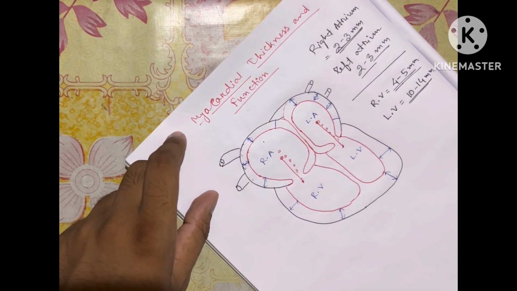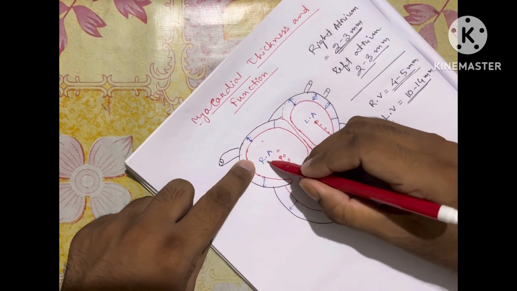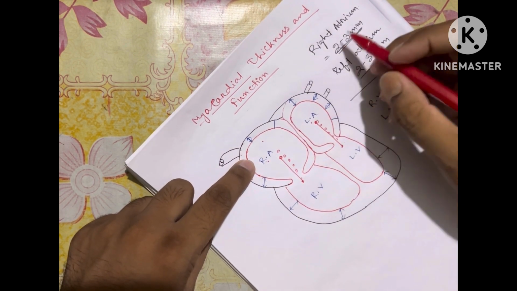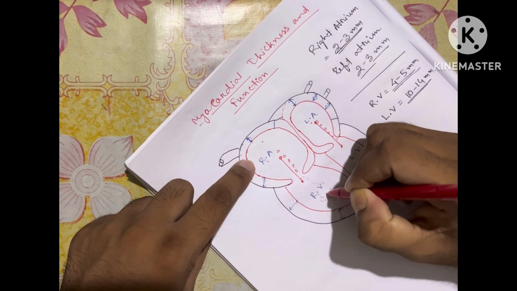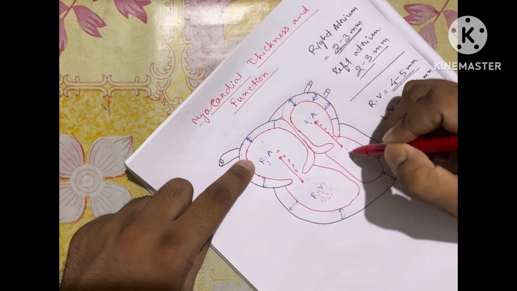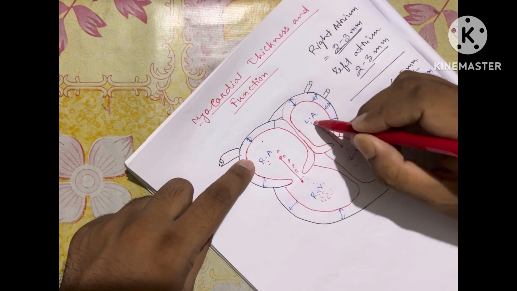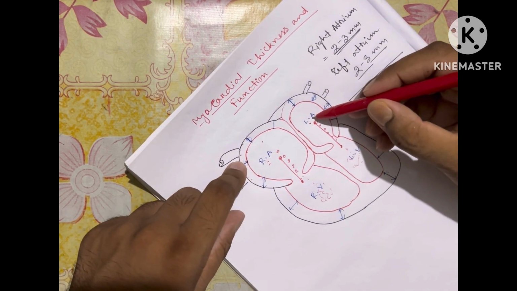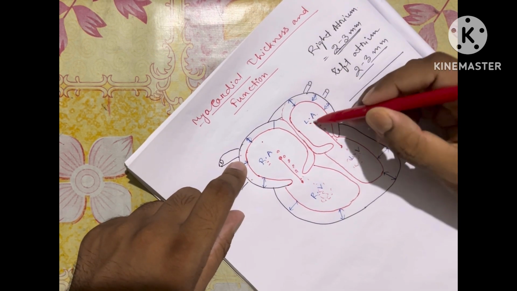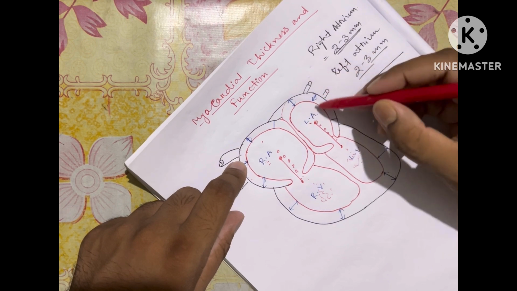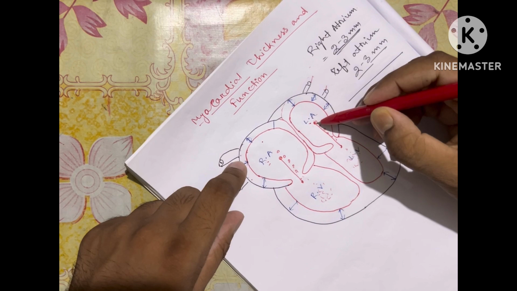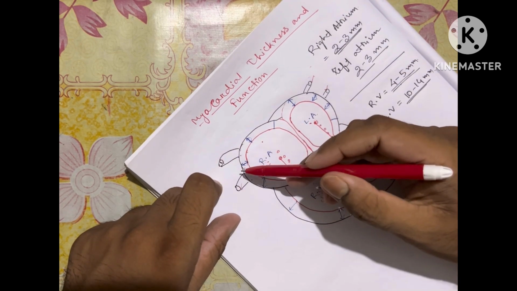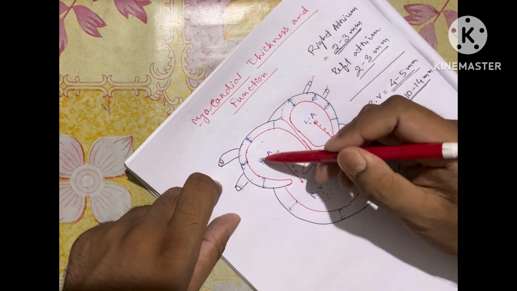When the right atrium and left atrium contract, the blood comes into the right ventricle from the right atrium and into the left ventricle from the left atrium. The blood from our lungs comes through the pulmonary veins to the left atrium, and through the superior vena cava and inferior vena cava, deoxygenated blood reaches the right atrium.